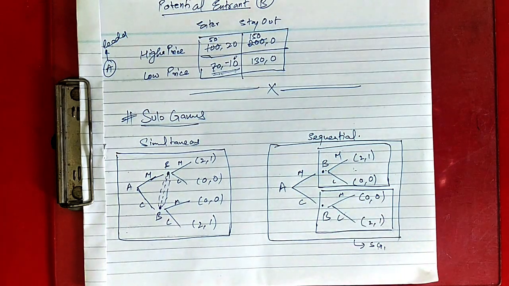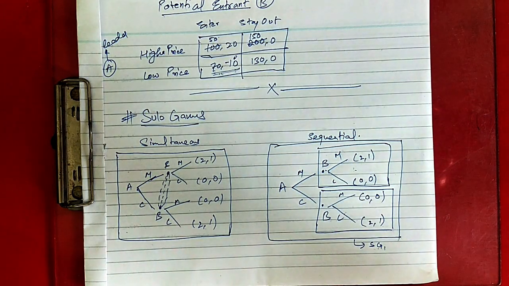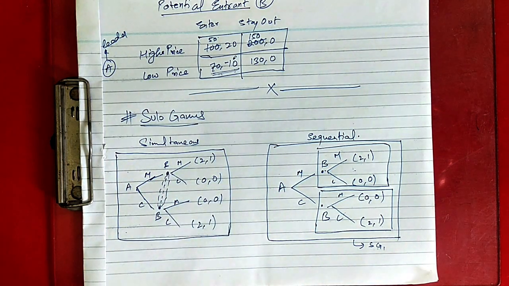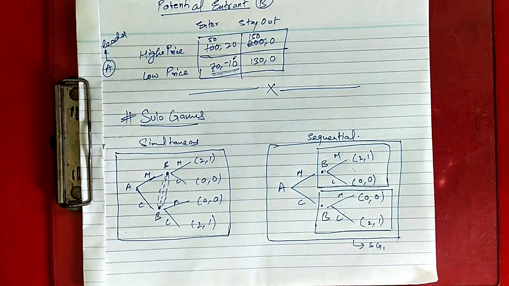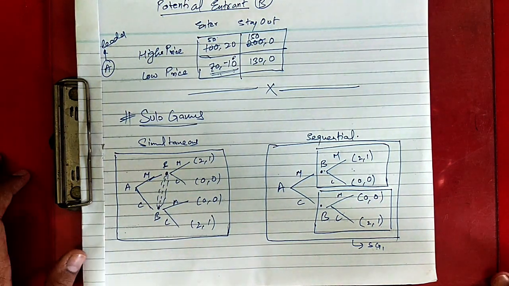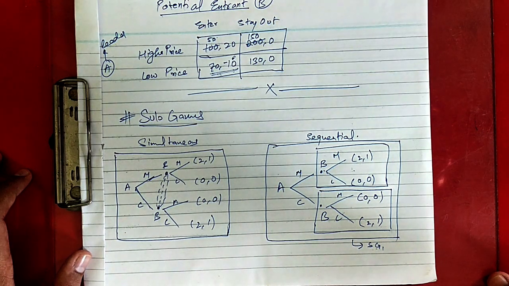Okay, so if I come to the theory, a subgame is a part of the extensive form beginning with a decision node and including everything that branches out to the right of it. Now we will talk about what a proper subgame is. A proper subgame is a game that starts at a decision node not connected to another in an information set.